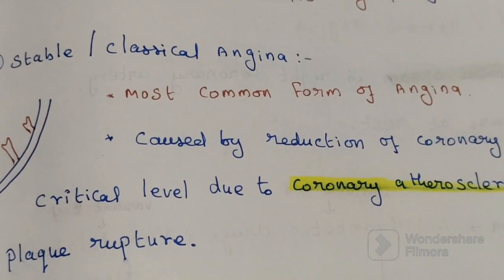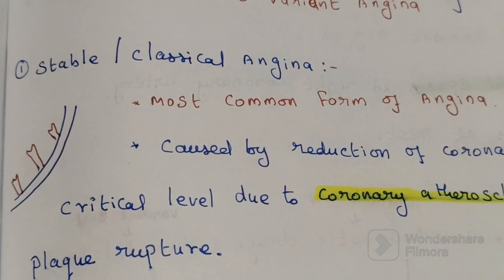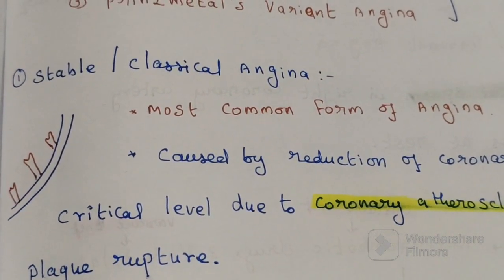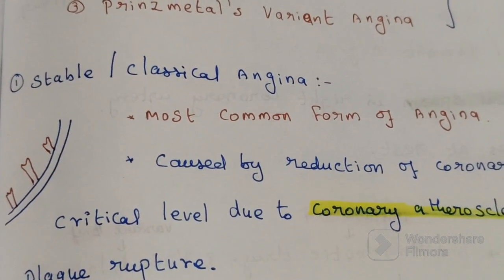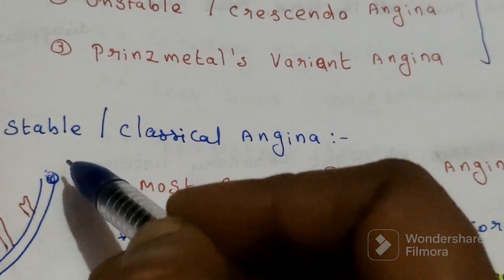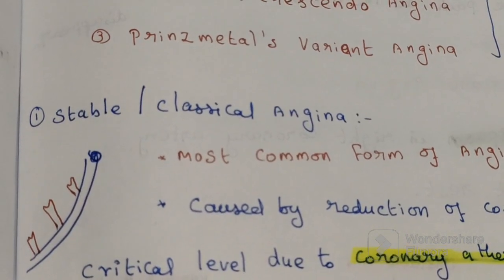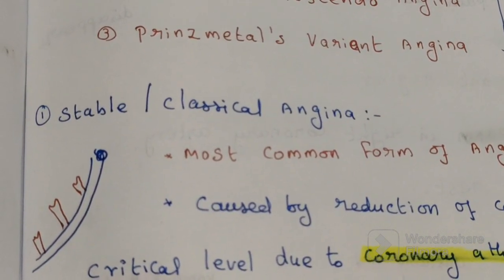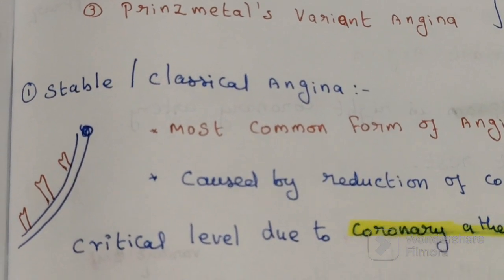In this coronary, atherosclerosis is produced, and because of this atherosclerosis the blood supply will be reduced.